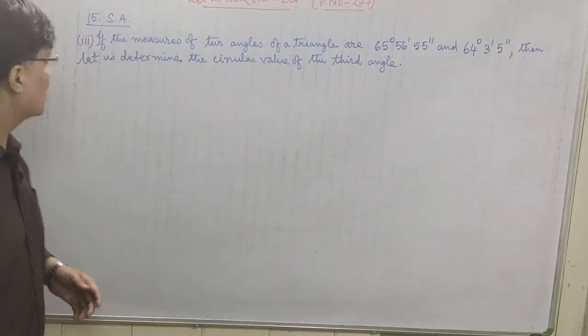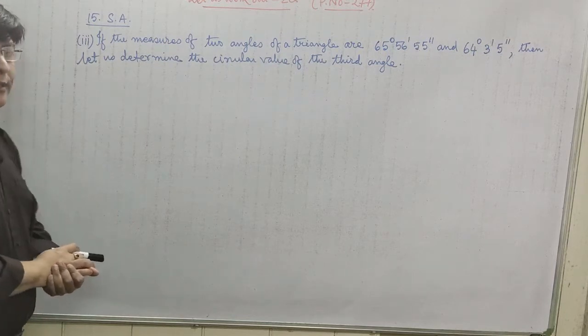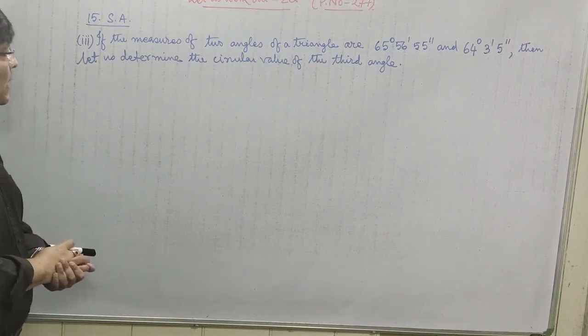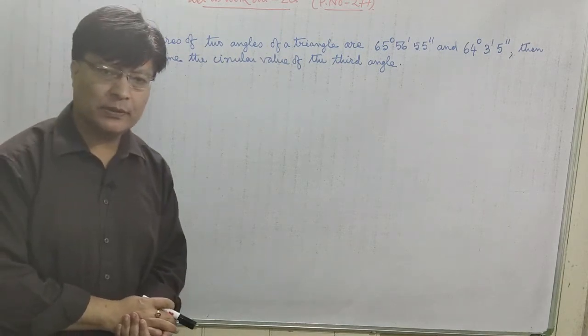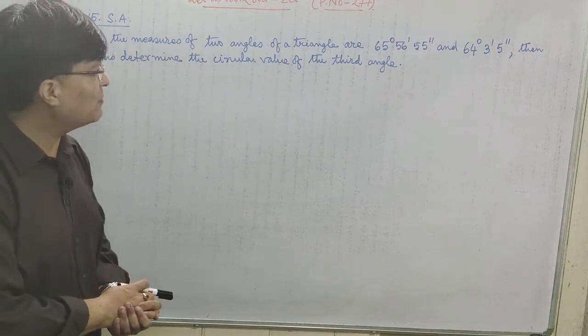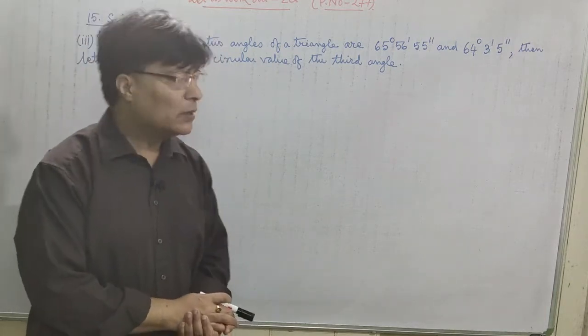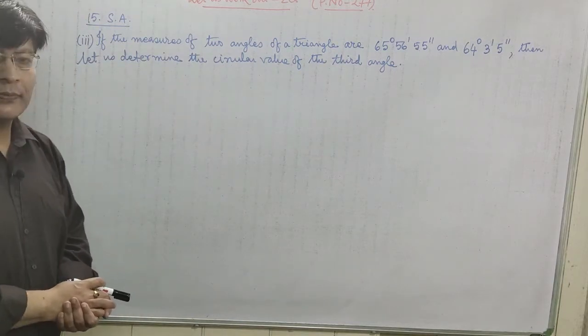So now we'll do the next question, that is 15 number 3. The question says that if the measures of two angles of a triangle are 65 degrees 56 minutes 55 seconds and 64 degrees 3 minutes 5 seconds.